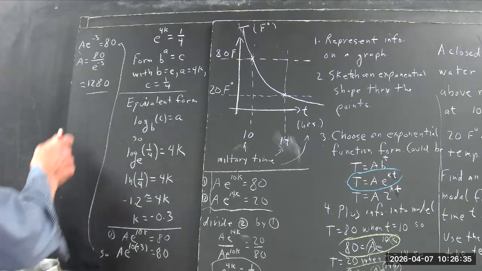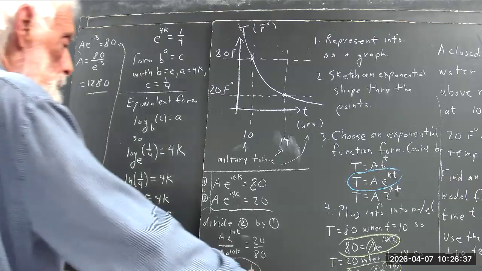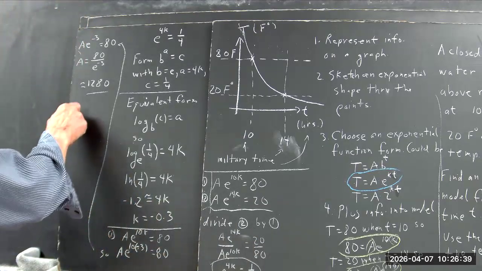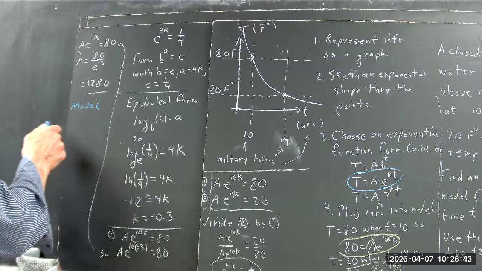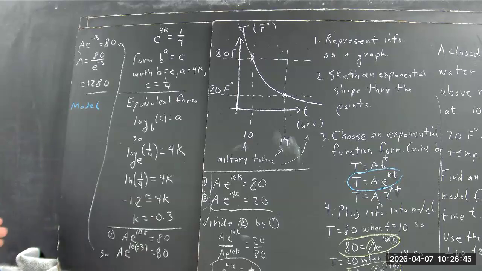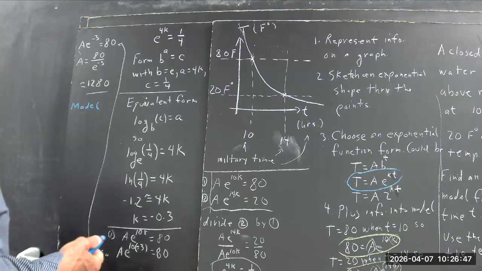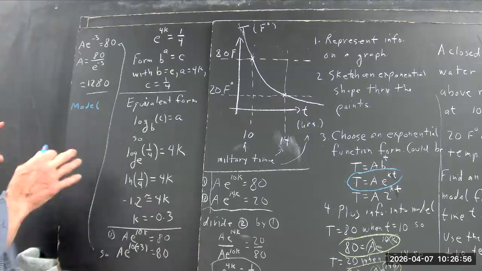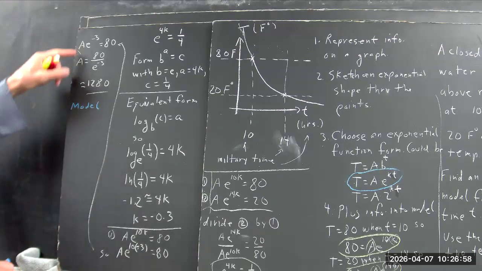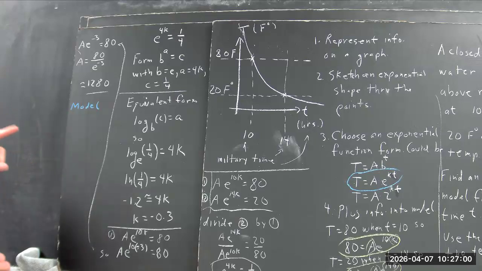Okay, so our model on 5 half-lives would only be 1/32 of 1280. Still, something's bothering me, but follow the steps and get what you get.